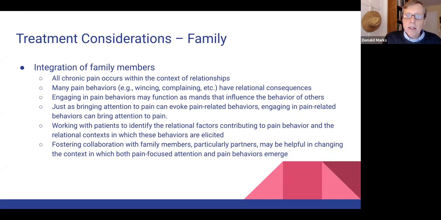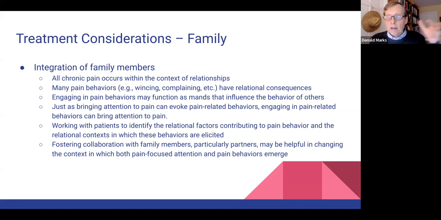And then the other thing is that when we're working with patients, it's a really good idea to pay attention to this, because if we don't, we could be missing the function of the pain-related behavior. We could think that the way of sitting, the way of walking, the way of bending, stooping, moaning, whatever it might be, is directly related only to the experience of physiological sensations.